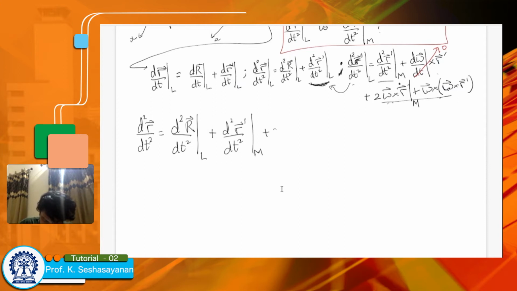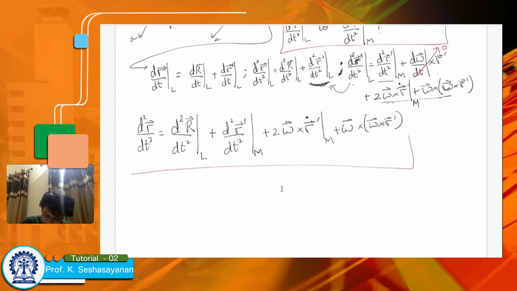So d square r by dt square equals d square capital R by dt square plus d square r prime by dt square in the moving frame plus 2 omega cross r prime dot in the moving frame plus omega cross omega cross r prime.